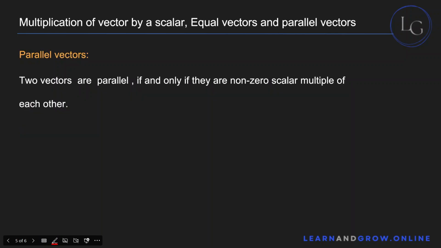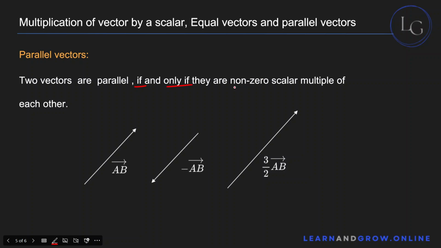So let's discuss parallel vectors. Now, two vectors are parallel if and only if they are non-zero scalar multiples of each other. So they can be in opposite directions, because let's just say this is vector AB, right? AB.